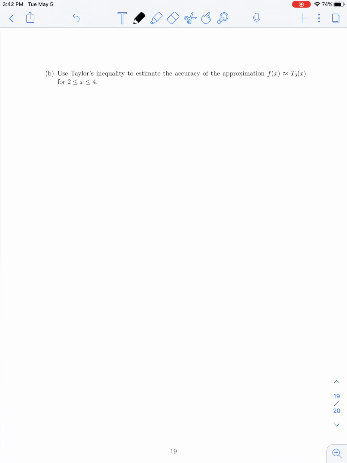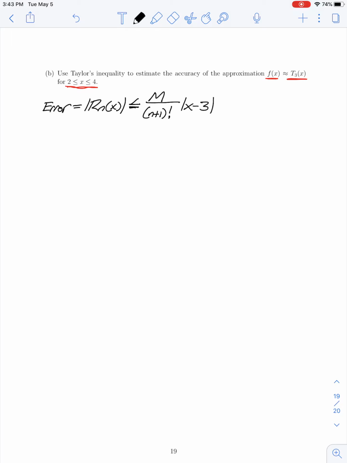So recall what Taylor's inequality says. Taylor's inequality says that our error, which is the absolute value of R sub n of x, the remainder of this approximation, is bounded above, that is, it's less than or equal to, capital M over n plus 1 factorial times the absolute value of x minus a. In this example, a was 3.